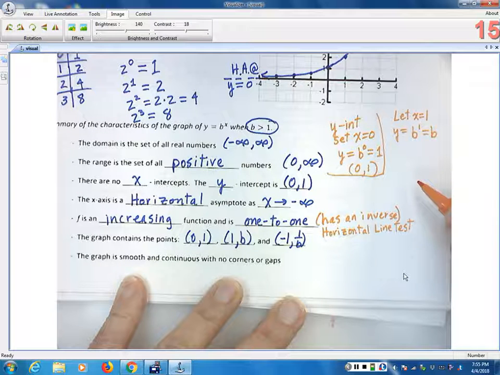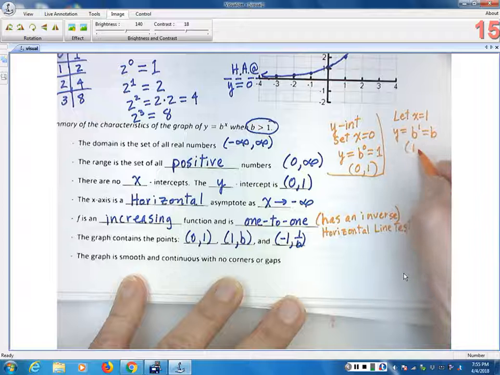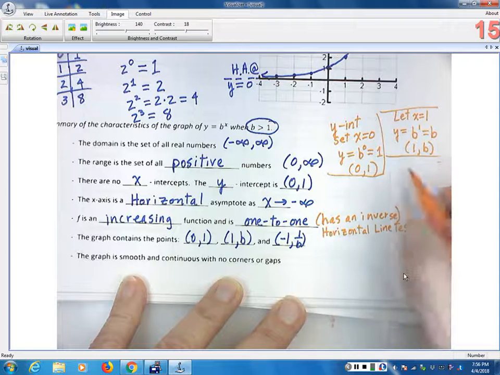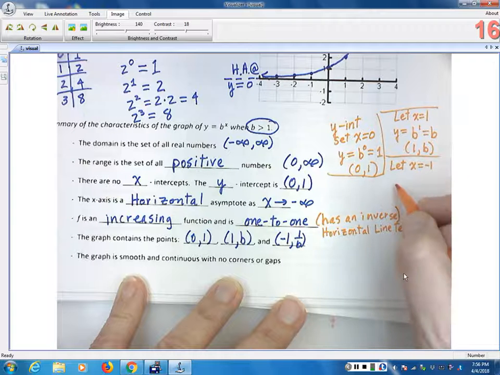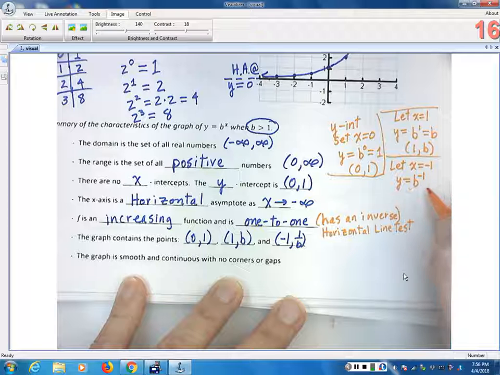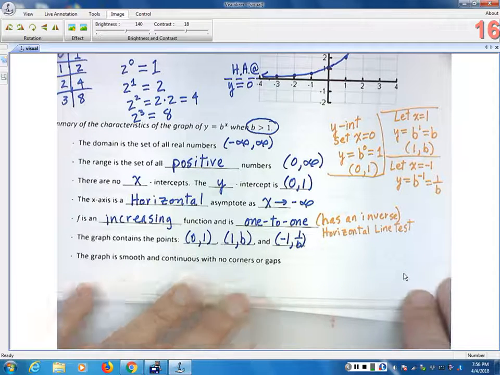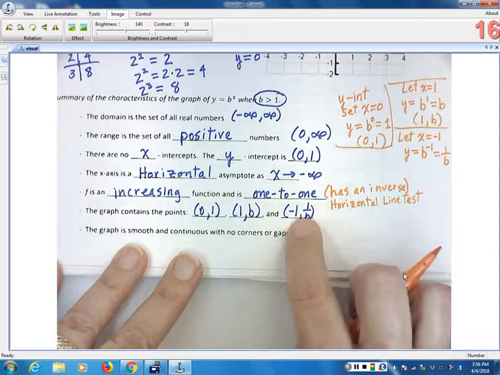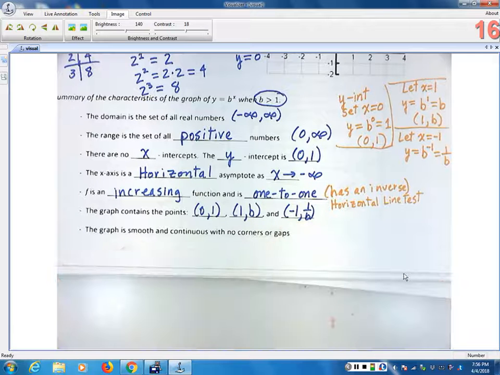So that's why we get 1, b. We can let x equal -1, so y equals b to the -1, which is 1 over b, the reciprocal. So that's why these 3 points are always on that function. And the graph is smooth and continuous with no corners and gaps.